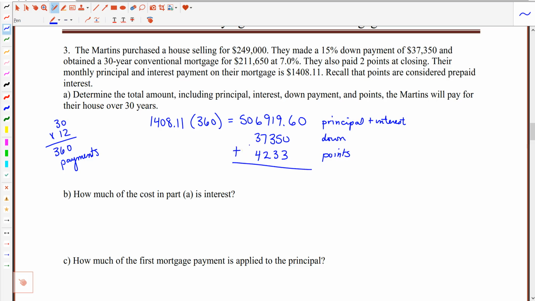Right, so if we add all of that up, that will tell us what they paid out for this house over all these different areas. So they'll have paid out a total of $548,502 and 60 cents.